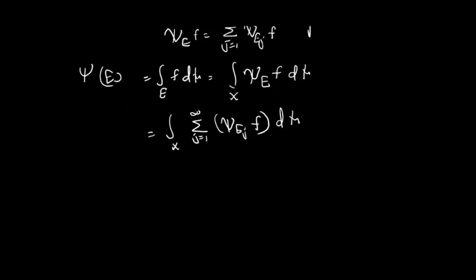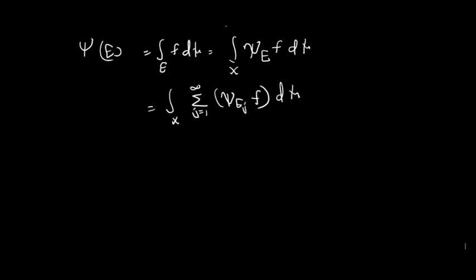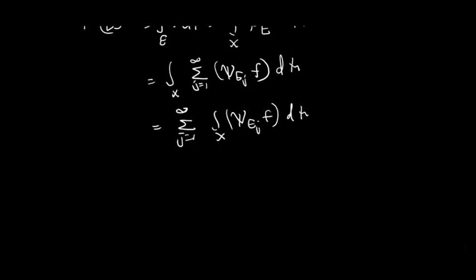From the previous result we can interchange this sum and take the sum outside. So that is equal to the summation, j from 1 to infinity, of the integral over X of chi Ej f d mu, which by definition is the summation of the integral over Ej of f d mu.